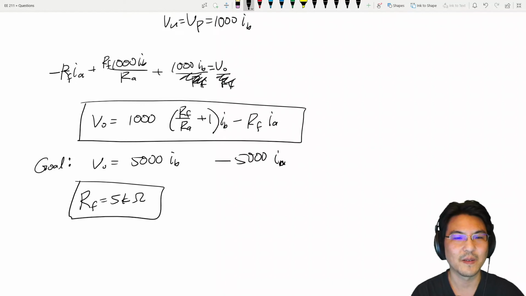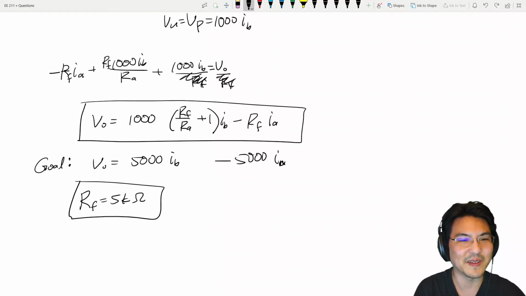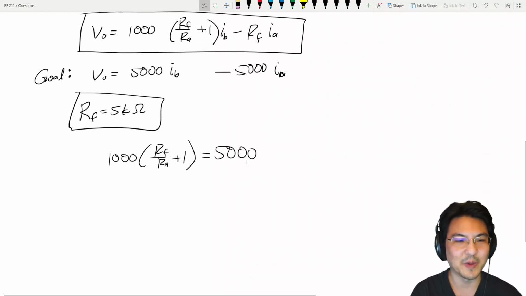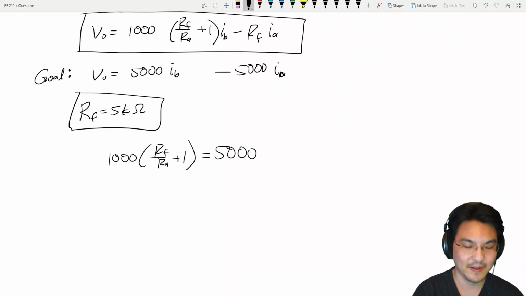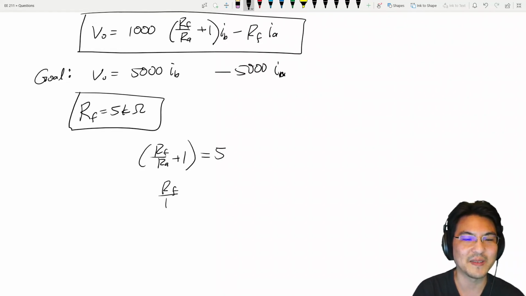And then this has got to be equal. So let me just jot that down. 1,000 times RF over RA plus 1 has got to be equal to 5,000. Okay, so let's divide both sides by 1,000. Very good. There we go, and then subtract 1 from both sides. And there we go.